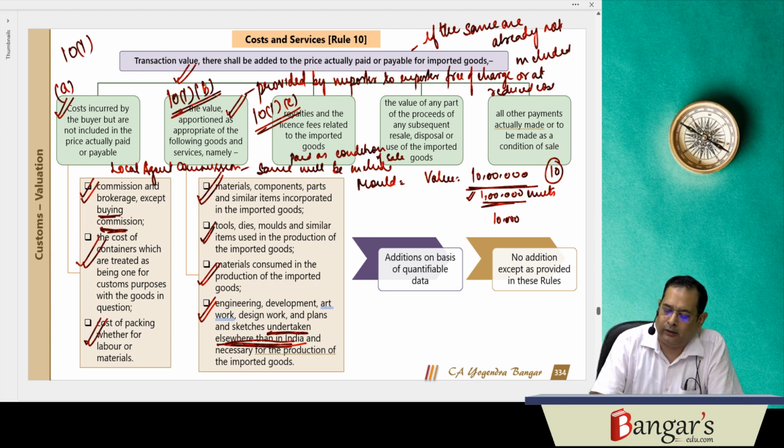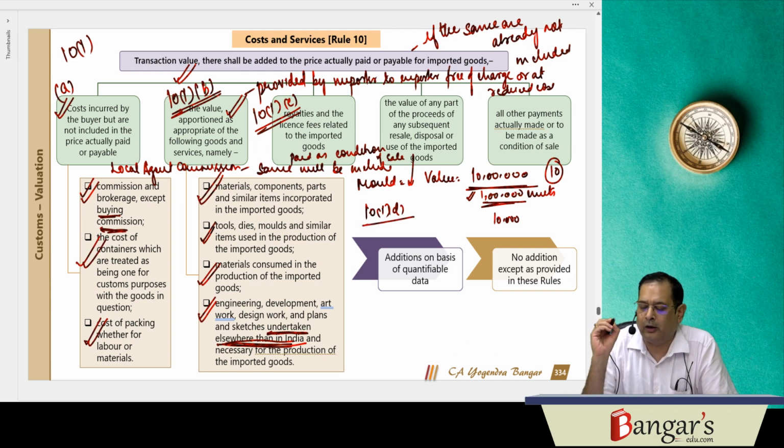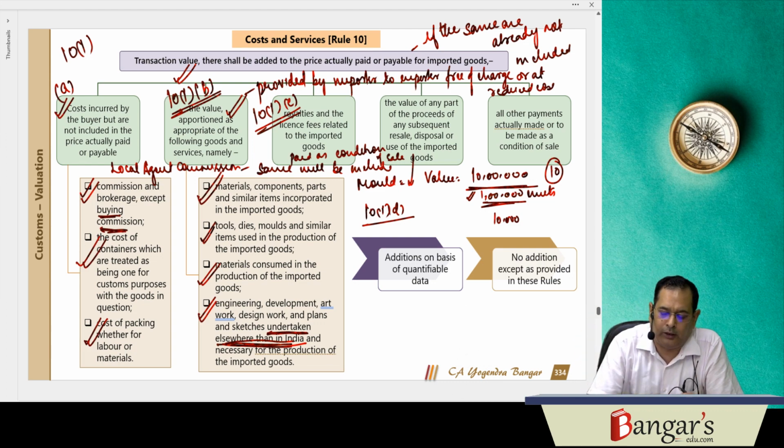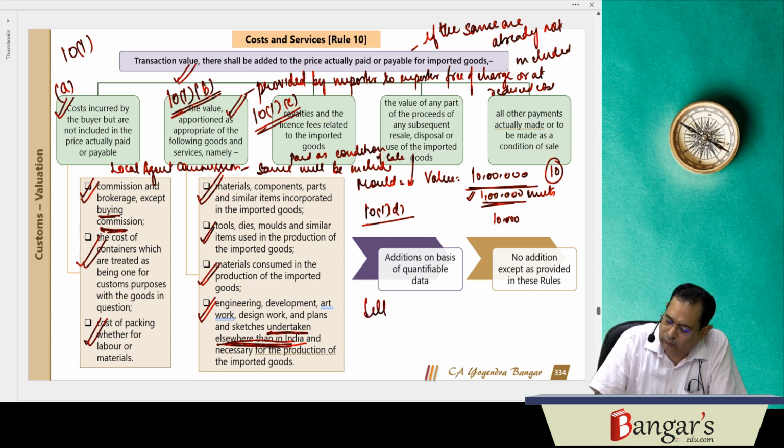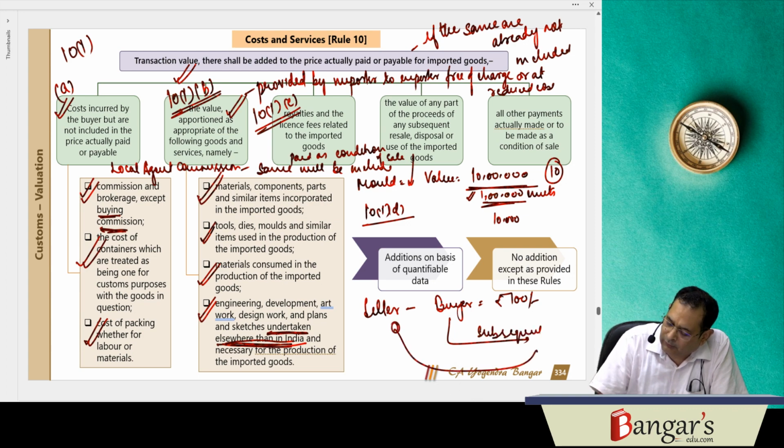Then 10(1)(d), what is that dealing with? The value or any part of proceeds of subsequent resale, disposal or use of the imported goods that will accrue directly or indirectly to the seller. Say the seller has sold the goods to the buyer at a price of rupees 100, and when the buyer subsequently resells, rupees 10 is given to the seller.